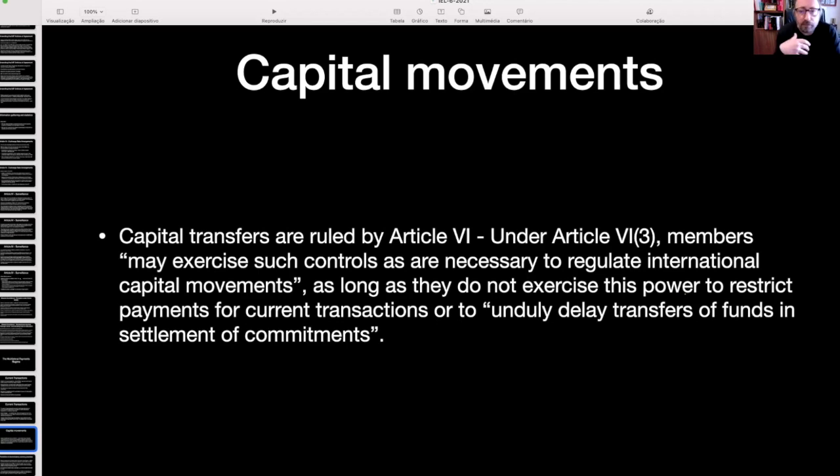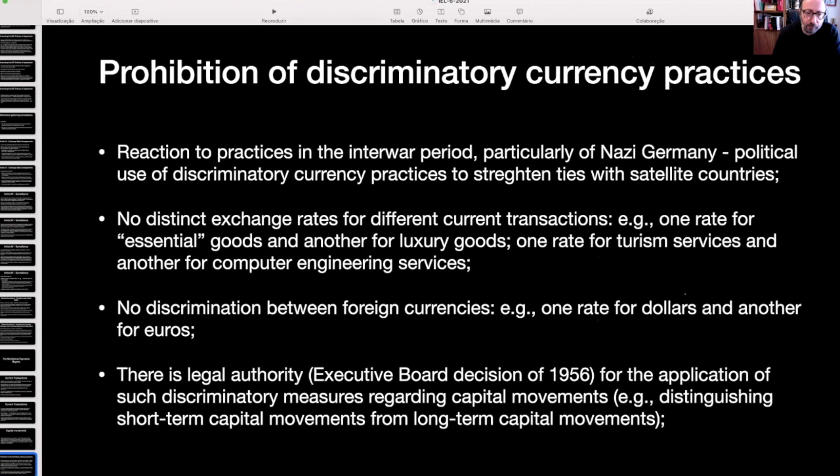That is to say, they use these restrictions in a way that spills over to limit current transactions, or that they unduly delay transfers of funds in settlement of commitments, such as repayment of loans, etc.